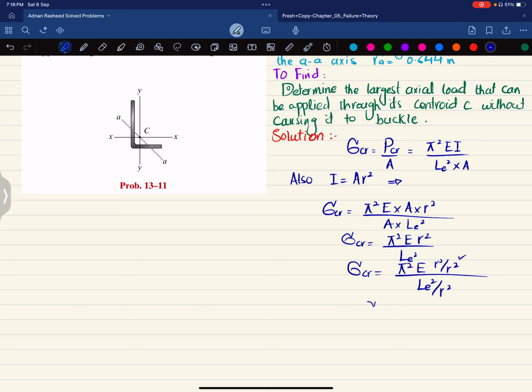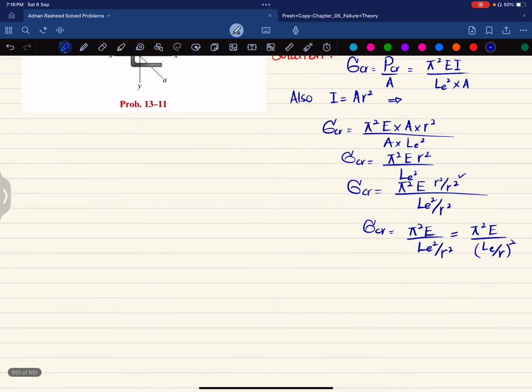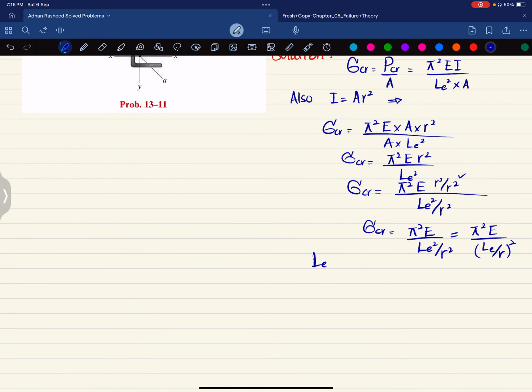So critical stress will be equal to pi square E divided by LE square over R square, which can also be written as pi square E divided by LE over R whole square. Now we know that effective length is equal to K multiplied by L, so critical stress is equal to pi square E divided by KL over R whole square.